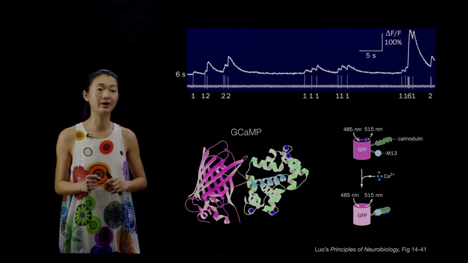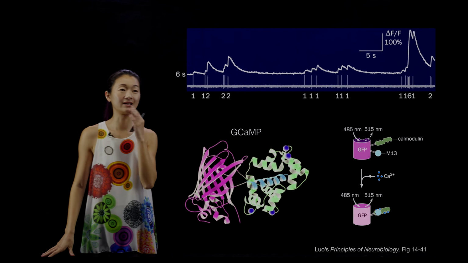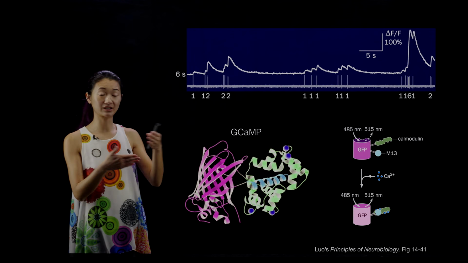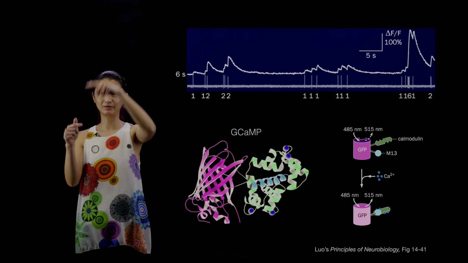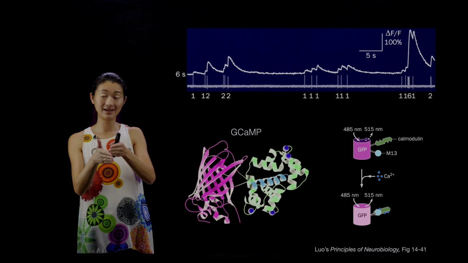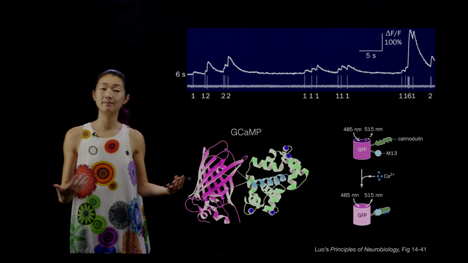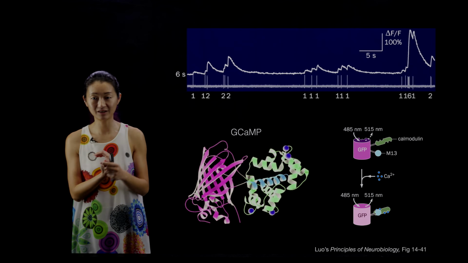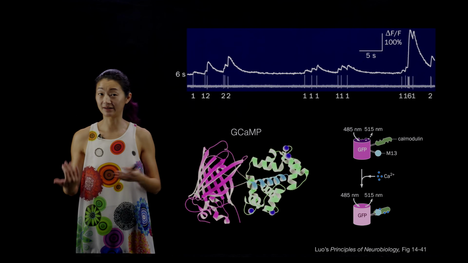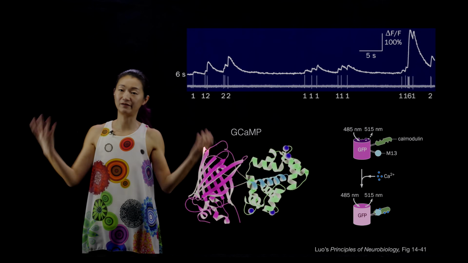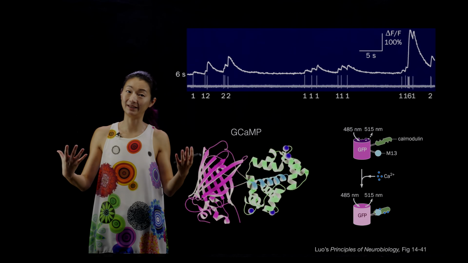A couple of other things I'll point out about this diagram. You'll see here that the individual action potentials are super short. At the resolution of the screen, you actually don't even see the time course. You don't see that characteristic shape of the action potential. All you see is a single spike. Okay? The same is not true of GCaMP, because of its properties: the calcium actually takes a little bit of time to get cleared out of the cell, and then the GCaMP protein itself takes a little bit of time going back to the conformation where it's not excitable, where it's not emitting light.